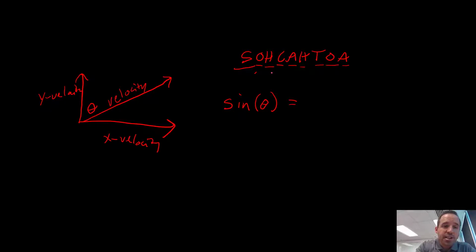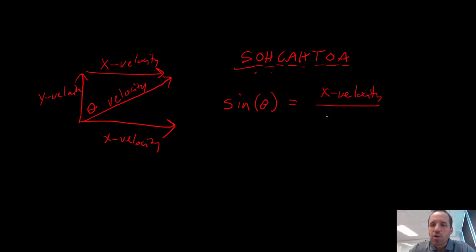In this case, the opposite vector from our angle is going to be the x velocity. So the sine of our launch angle is equal to the opposite over hypotenuse, so that's x velocity over the hypotenuse, which is represented by just the total velocity.